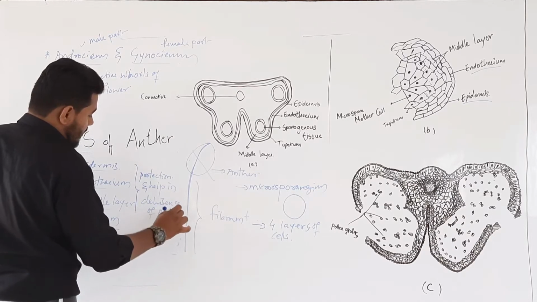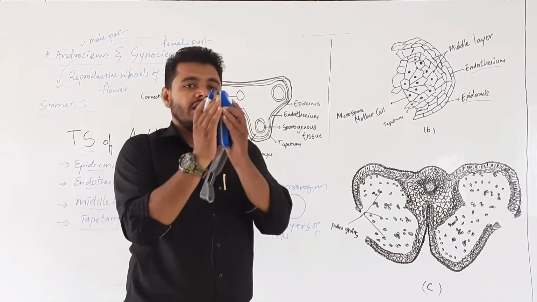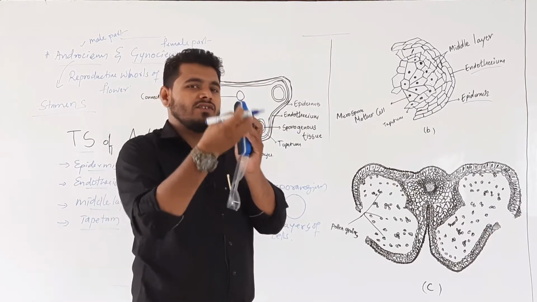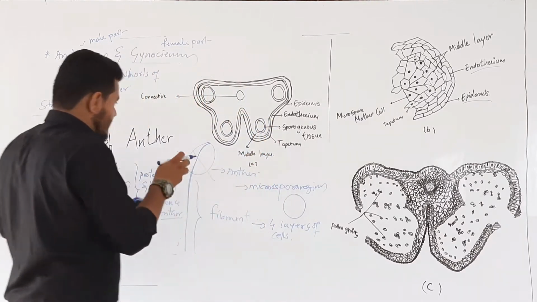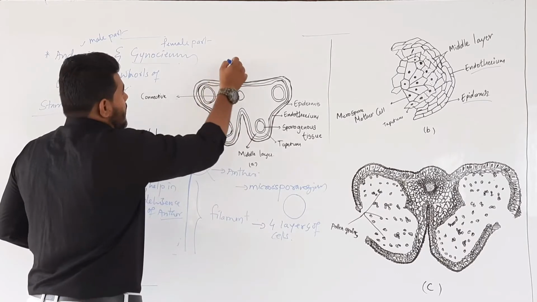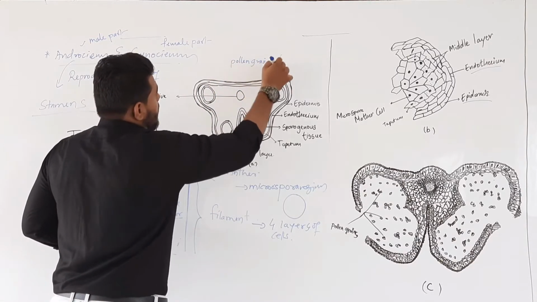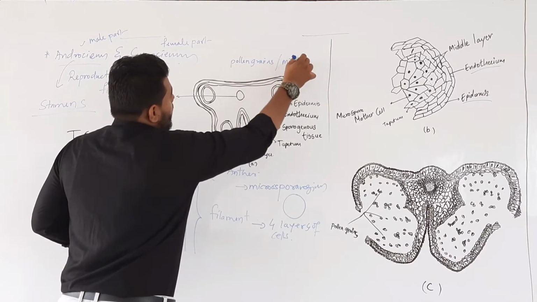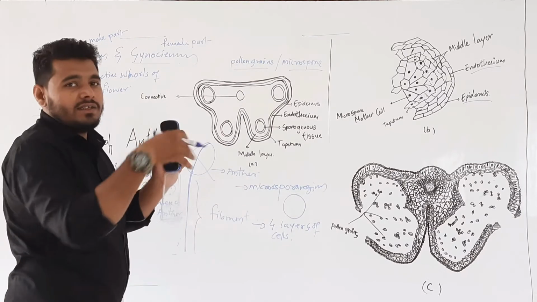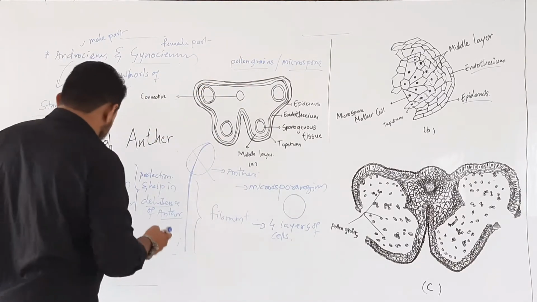Dehiscence of anther means when the anther matures and dehydrates, it opens, it bursts, so that the pollen grains, also called microspores, which are produced inside these pollen sacs, can release outside. So it is called dehiscence of anther.